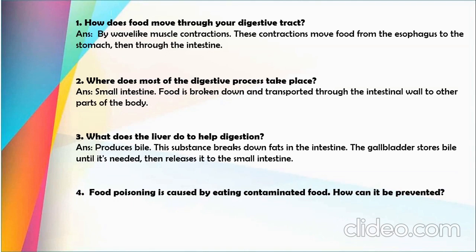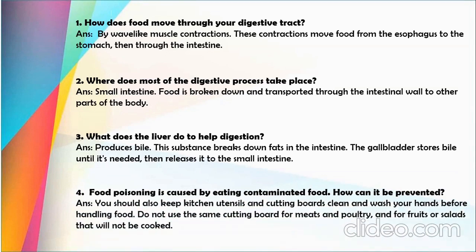How can it be prevented? You should keep the kitchen and cutting boards clean and wash your hands before handling food, and do not use the same cutting board for meats and poultry and for the fruits or salad that will not be cooked.